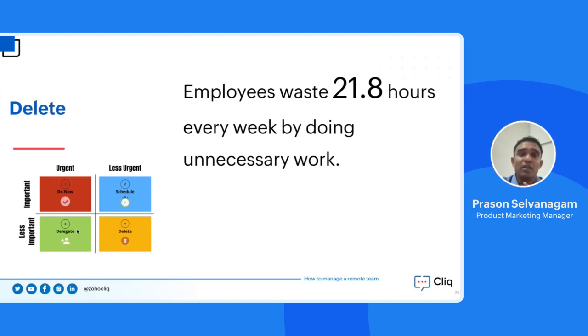If you think that you are spending so much time on this quadrant, what we have found out from stats is that employees waste almost 50% of their work week every week by doing unnecessary work. So if it's 40 hours a week, you almost spend 21.8 hours a week doing unnecessary work, because you are working on the fourth quadrant, which should not be worked on that particular week.